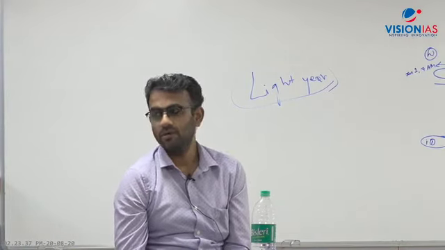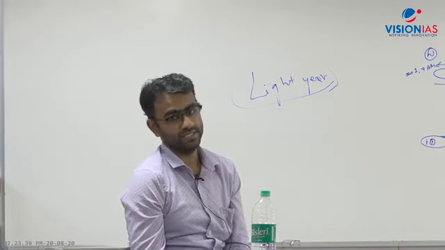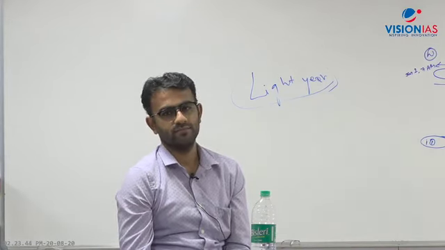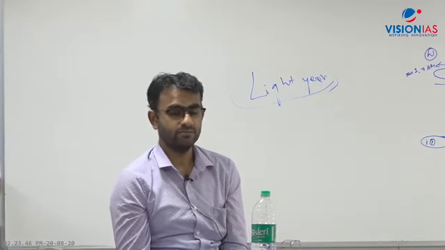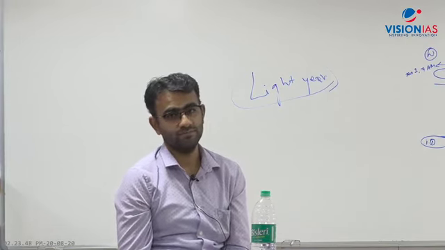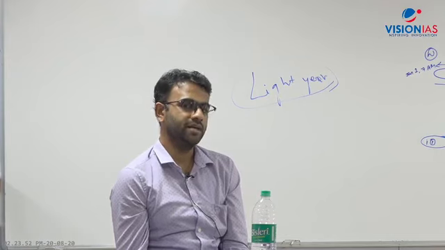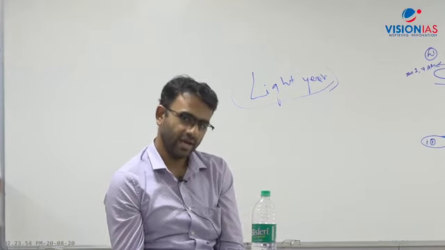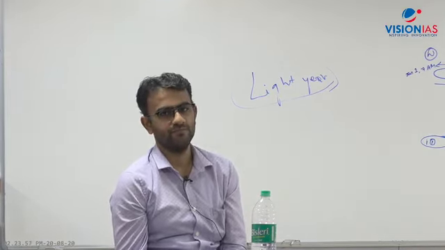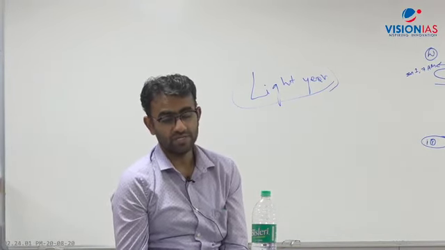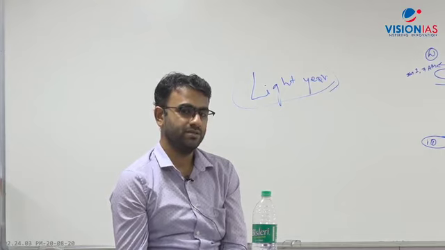No. Light year is the measure of distance. It can very easily be confused. We are saying light year, so maybe this is a type of year. No. Light year is basically the distance travelled by light in 1 year. It is a measure of distance.